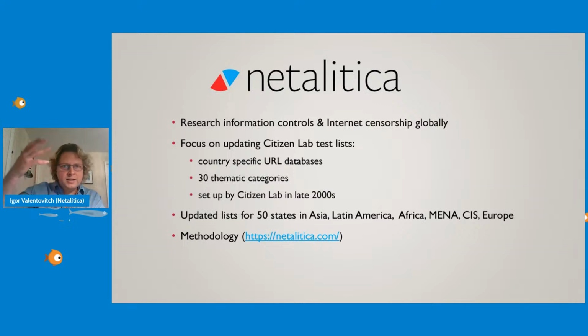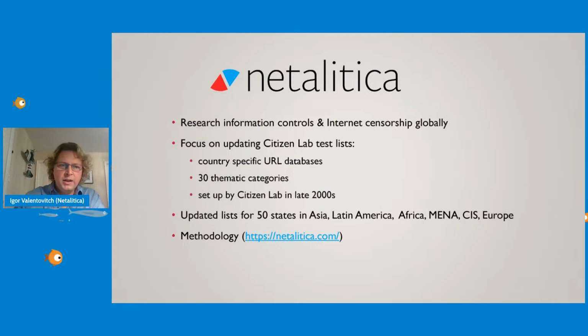These are basically spreadsheets where your local URLs are organized into 30 thematic categories, covering all spheres of social life, like human rights, news media, LGBTQ, like you can imagine. So everything we see in our daily life, locally produced on the internet, would be summarized in those databases. And what we do as an organization is update those databases because over time some elements of them need to be fixed.